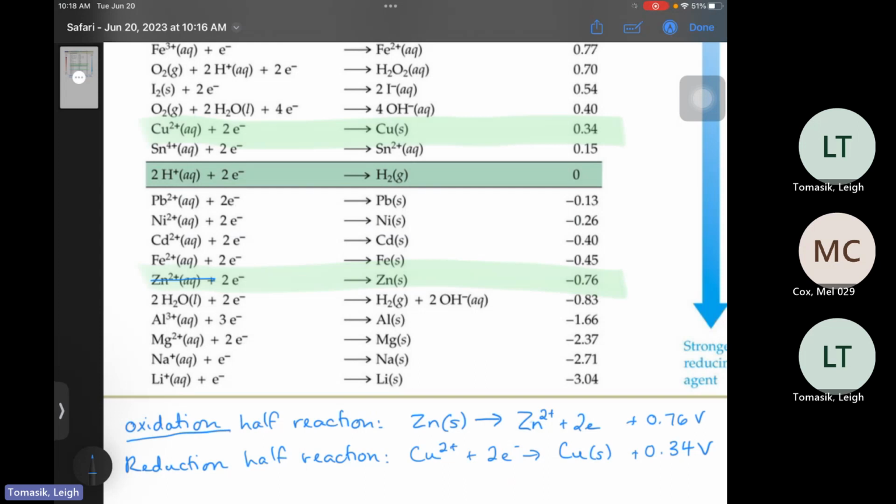So basically, this reaction is happening backwards. We start off with the zinc and we end up with zinc 2 plus. Because oxidation is the reverse of reduction, we write the reaction in reverse and we change the sign. So originally this voltage was negative, but because we're doing the reaction backwards, it will become positive, and we'll get 1.10 volts.